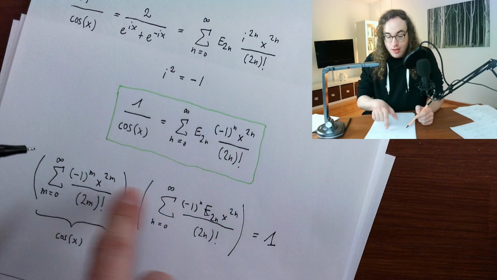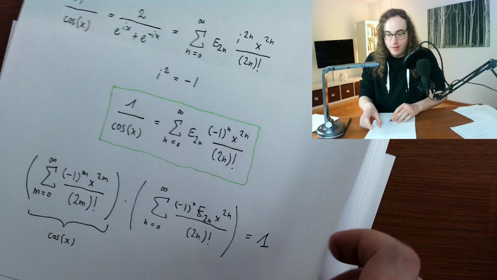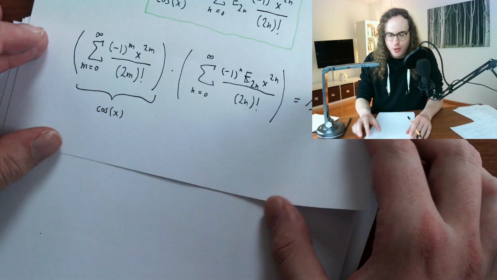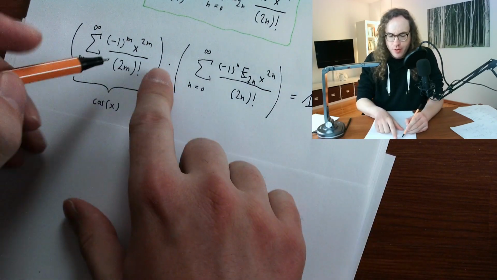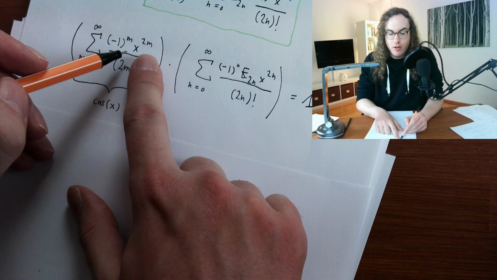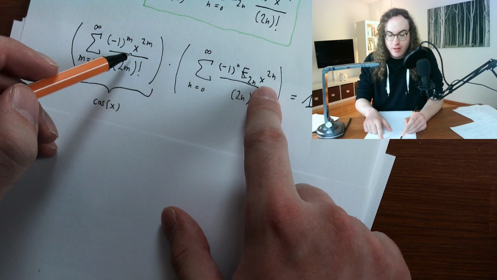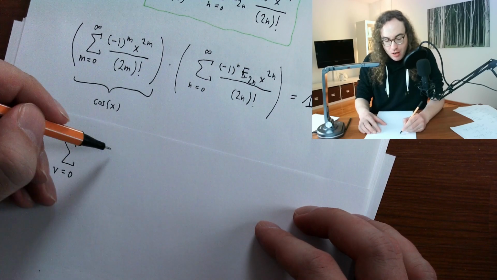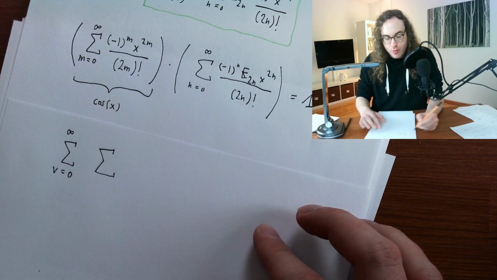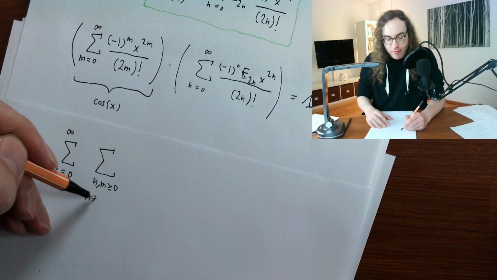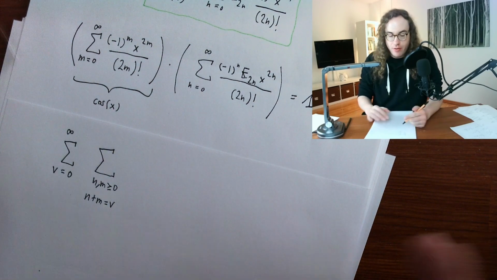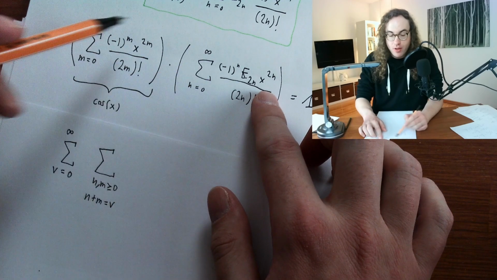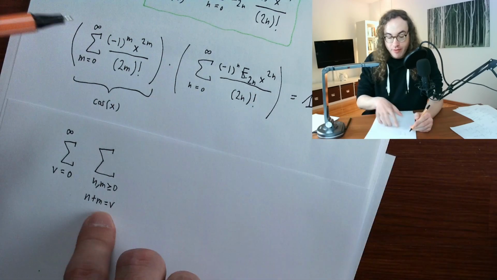Okay, and now I'll just unravel what this product of series is, which might look complicated, but it's not too bad really. I will collect the terms which have the same exponent of x. I will only need even indices. I will call this variable v. So v goes from 0 to infinity, and now I'll sum over all the terms n, m where the sum n plus m is v. Here I collect all the terms where the exponent, once I multiply the x's, is v.